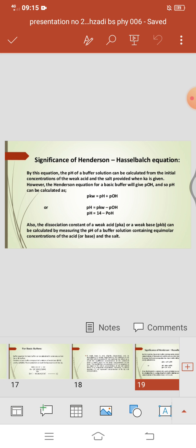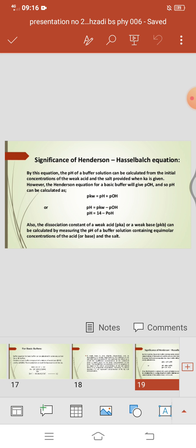What is the significance of the Henderson-Hasselbalch equation? By this equation, the pH of a buffer solution can be calculated from the initial concentrations of the weak acid and the salt provided when K is given. However, the Henderson equation for basic buffer will give pOH, and so pH can be calculated as pKw is equal to pH plus pOH.